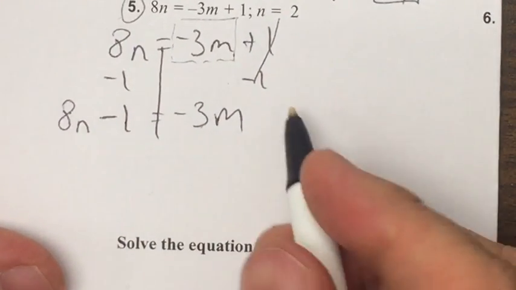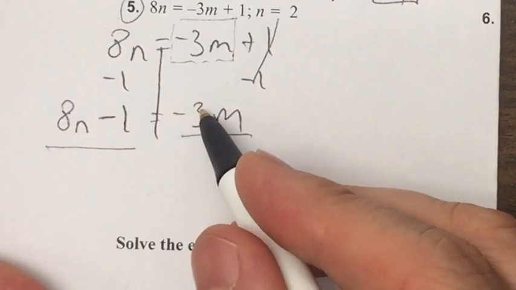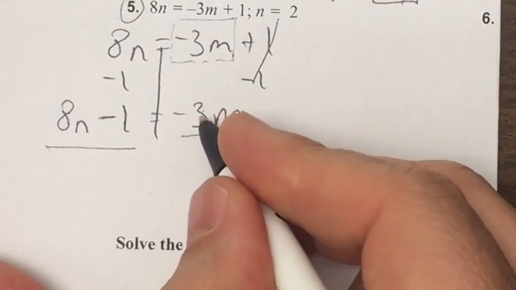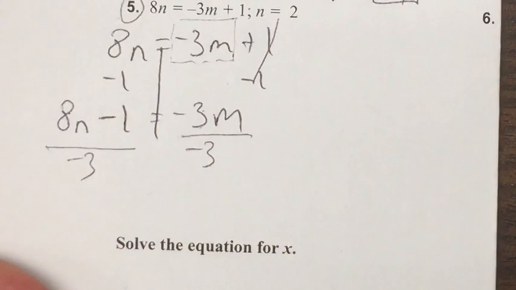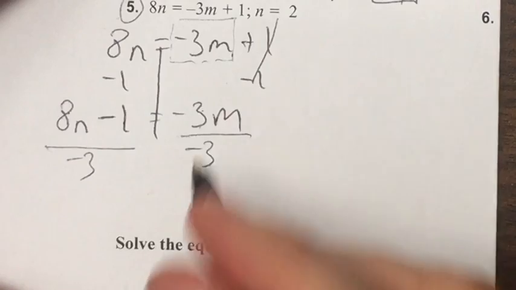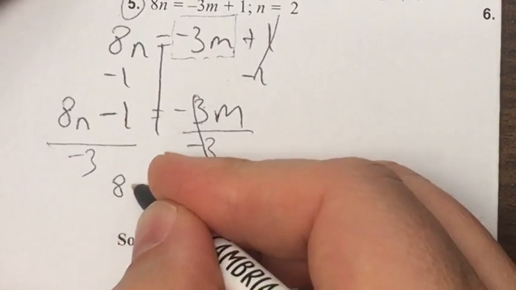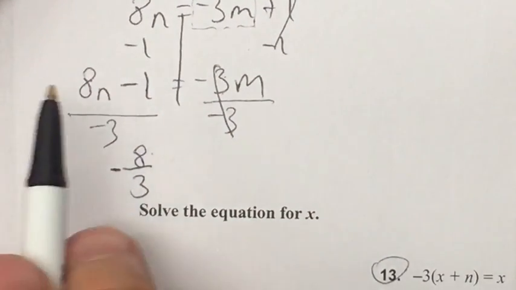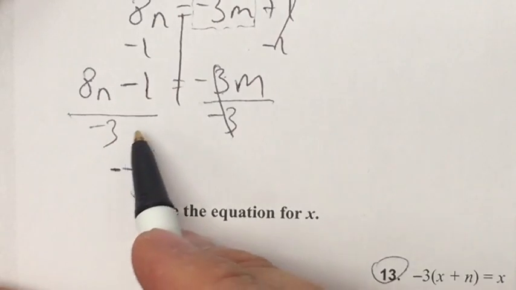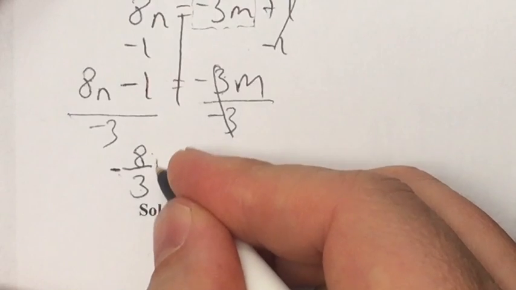My final step is to divide both sides, but watch out here. We don't change signs when you go from multiply to divide. The negative 3 that's being multiplied, you're just dividing by negative 3. Okay? You don't do anything else but that. So now that cancels. So we have 8n divided by negative 3, which gives you basically the same thing as negative 8 over 3n.